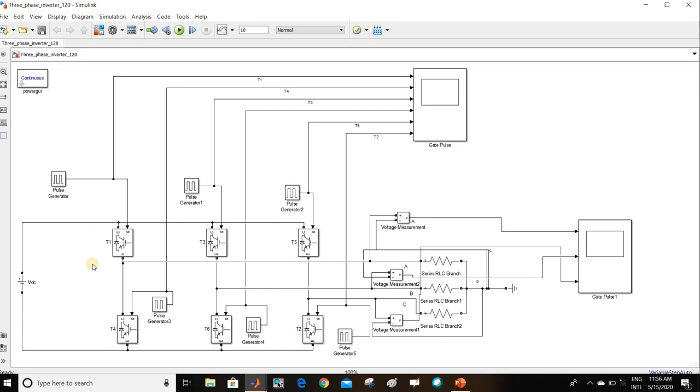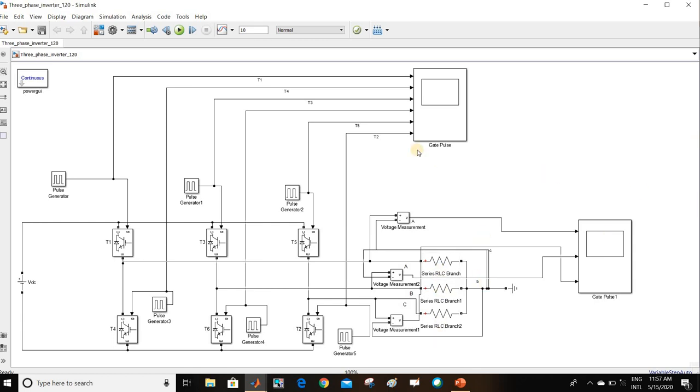As we have 6 switches here, we will take 6 pulse generators, one for each switch. We are using a star connected load, as you can see here, so we are connecting a 3-phase star connected load. For that we have taken series RLC branches.